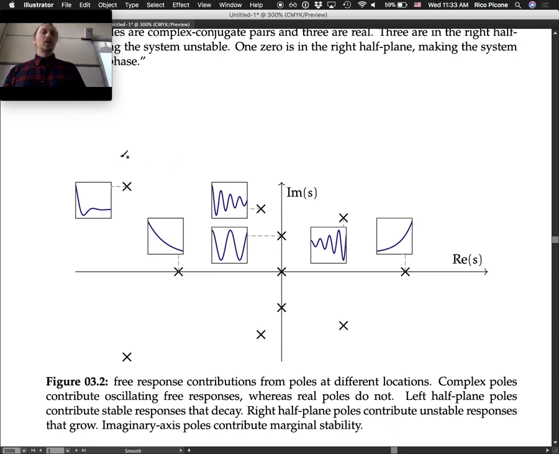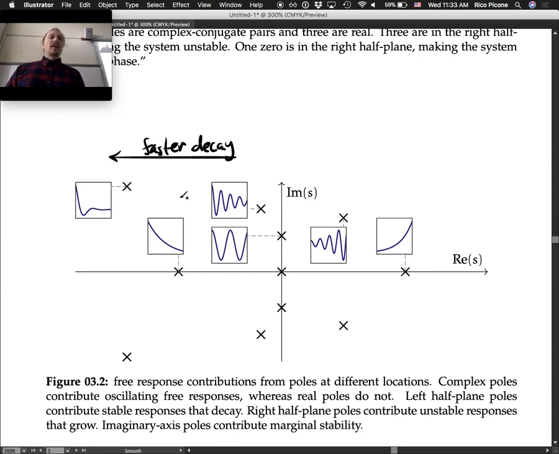The further you move to the left out here, the faster the system will decay, whether it oscillates or not. Remember, the oscillation has an exponential sort of envelope on it, right? So it's hard to see that, but an exponential envelope on the oscillation.